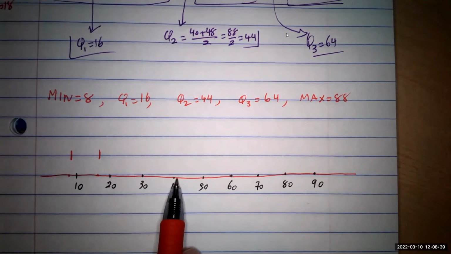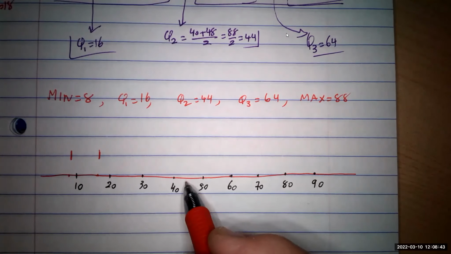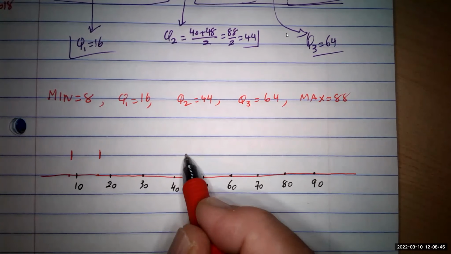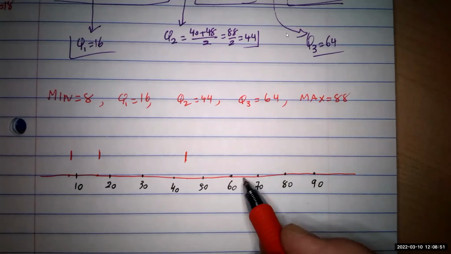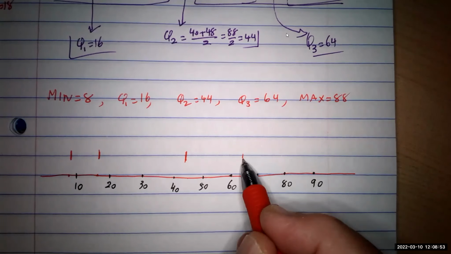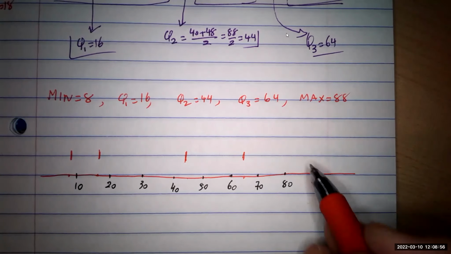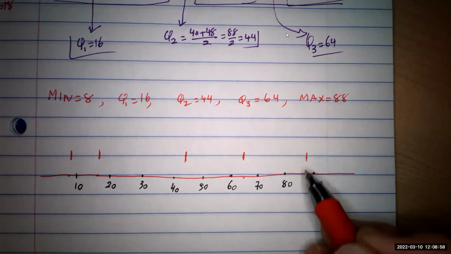So the 44 is going to be somewhere here. Okay, it's a 45, 44. And then the Q3 of 64. So it's a 65, 64. And the 88. And this is going to be 88.